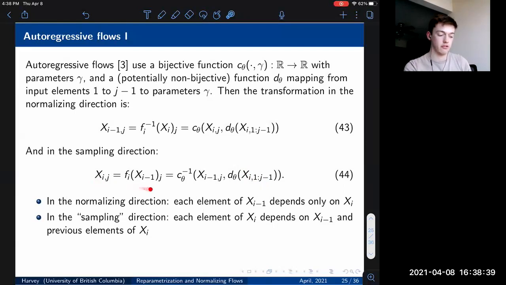This is a very slow process when we're running in the sampling direction.